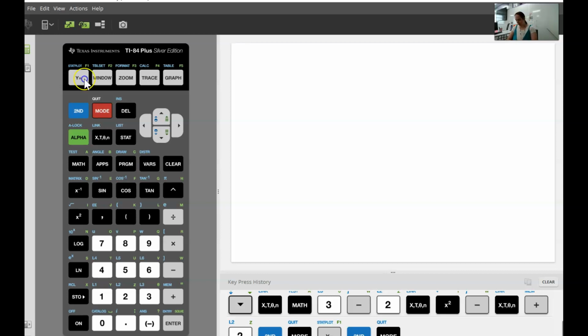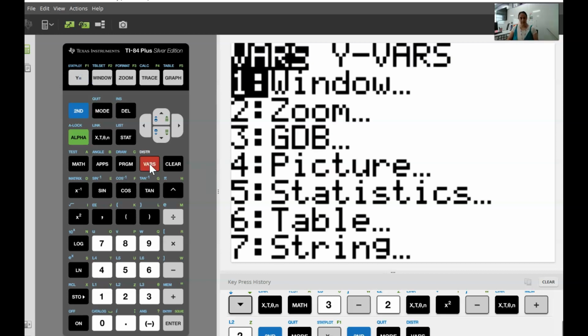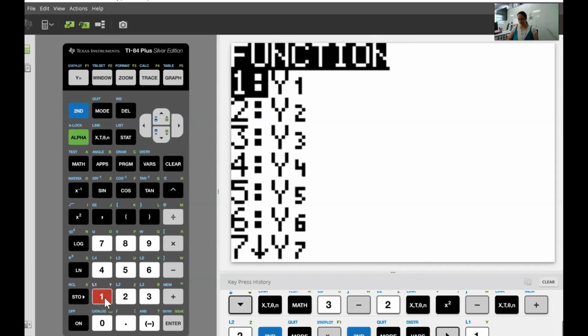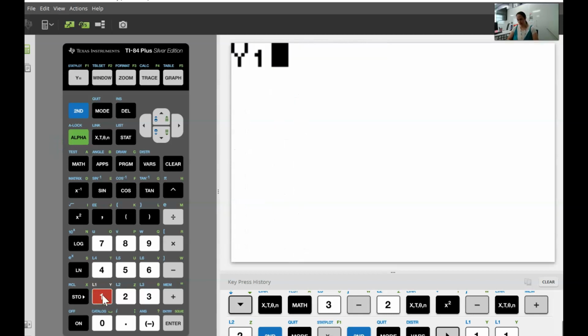We do that by hitting vars, then arrow over to yvars, and we want number 1 function. And then we want number 1 y1 because that's where we typed our equation. So I'm going to hit 1 again. And that's how I get y1.